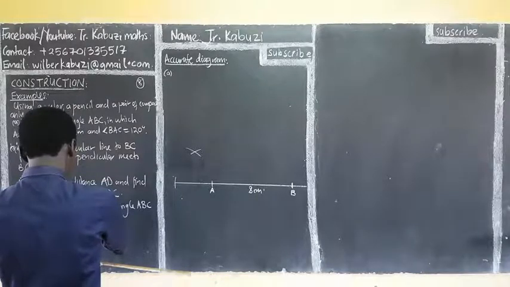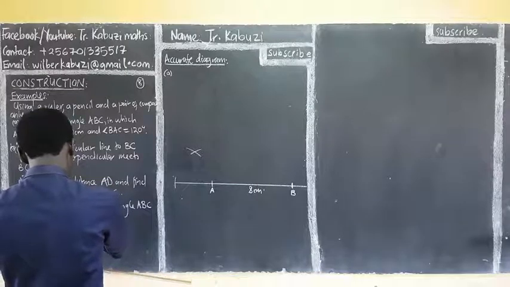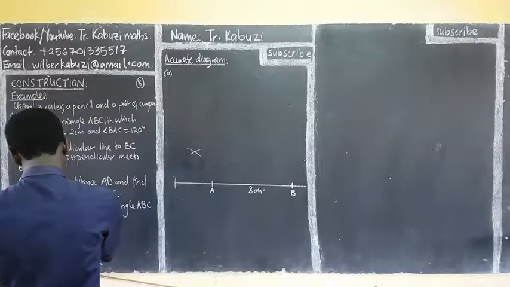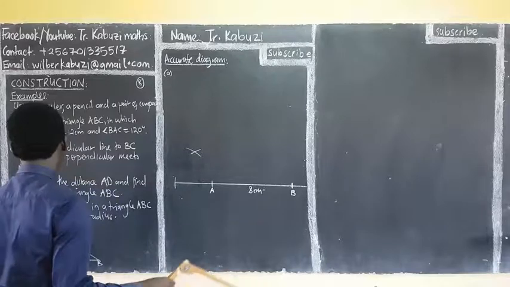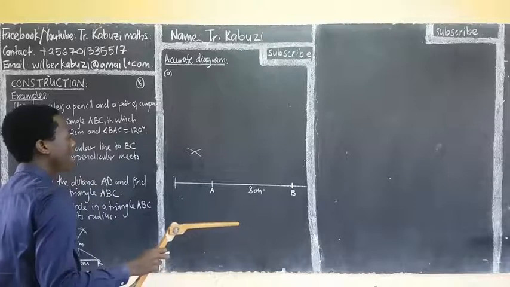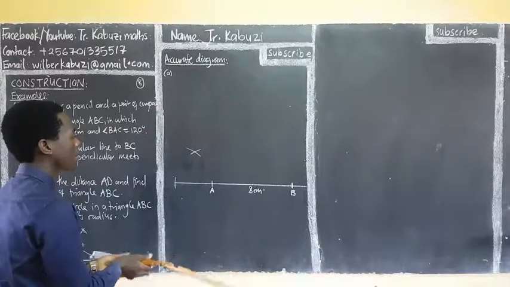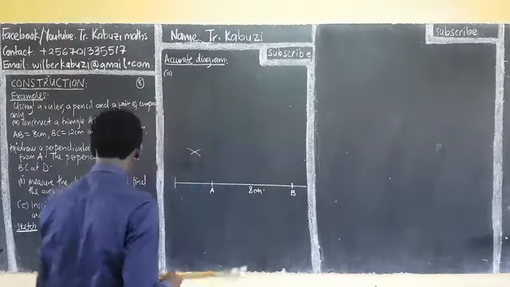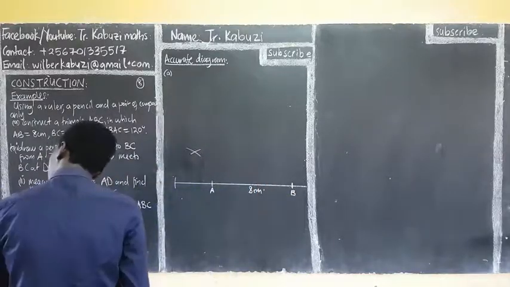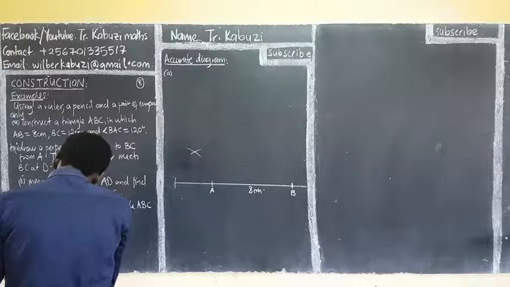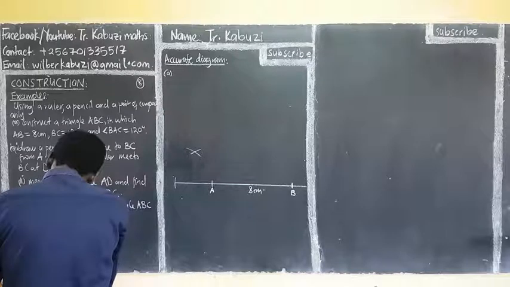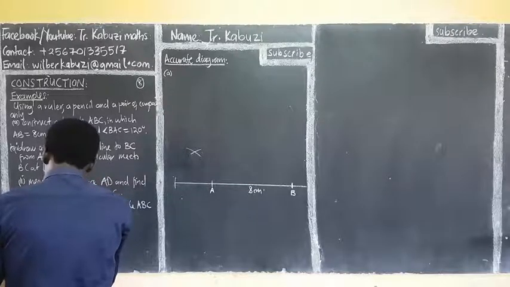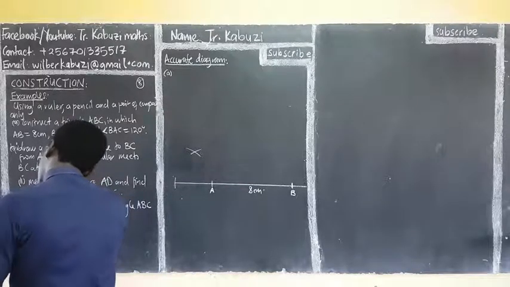So my 12 centimeters are here. You put your pointer here. This is my 12 centimeters. Let me measure, because I think there's been some change. Okay, my 12 centimeters are there properly.